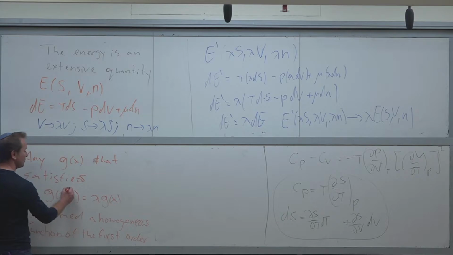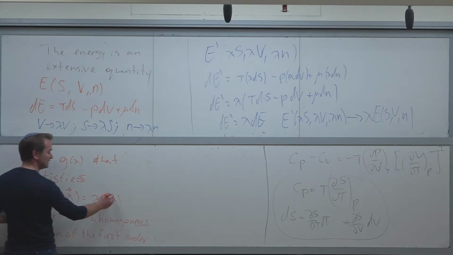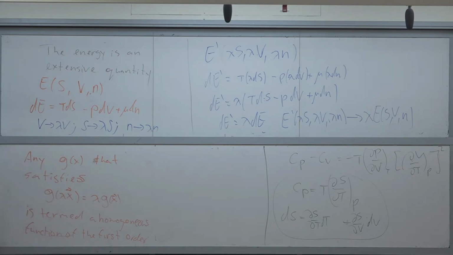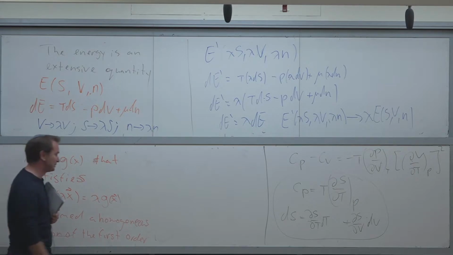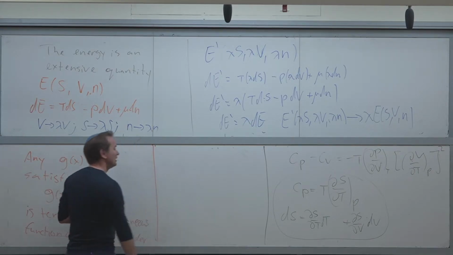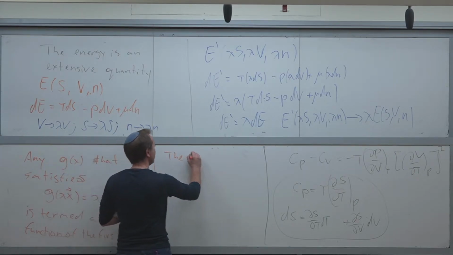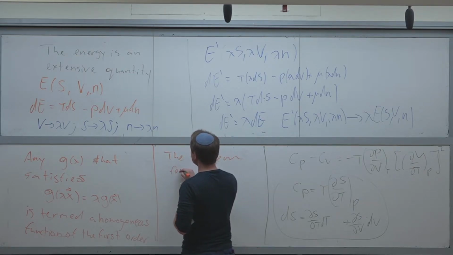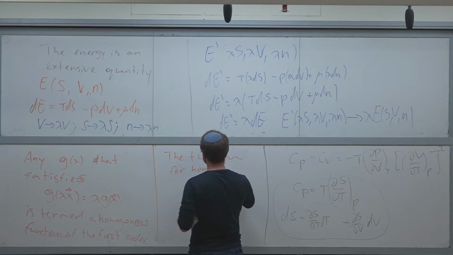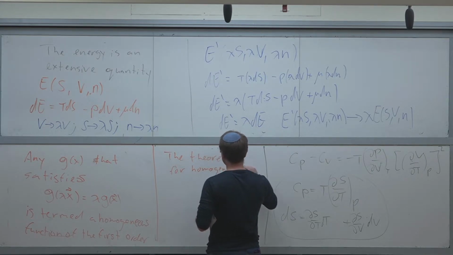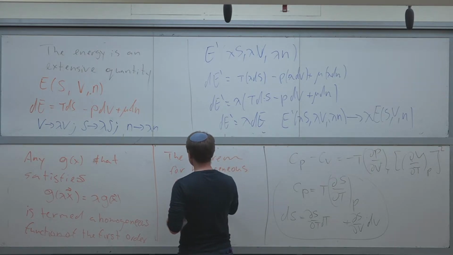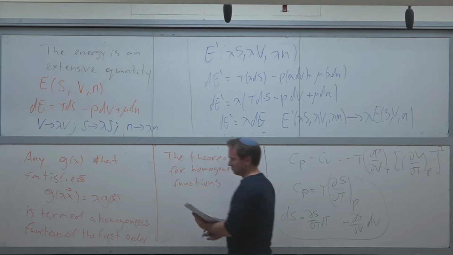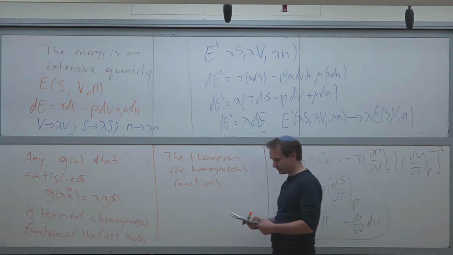First of all, it can be a vector over here. It's not simply a function of one variable. It can be a function of many variables. So the theorem for homogeneous functions is as follows.